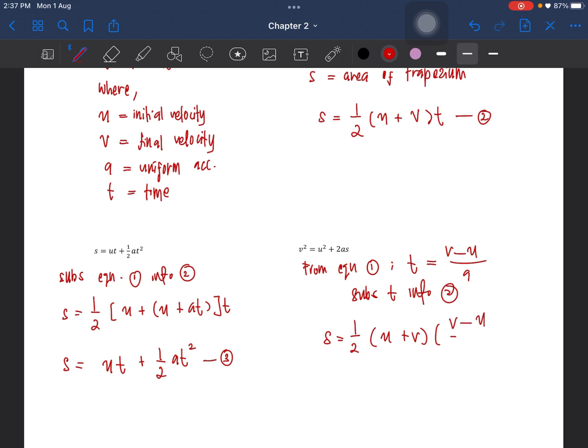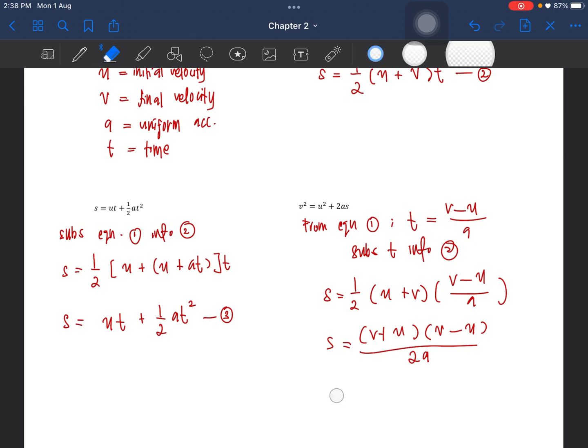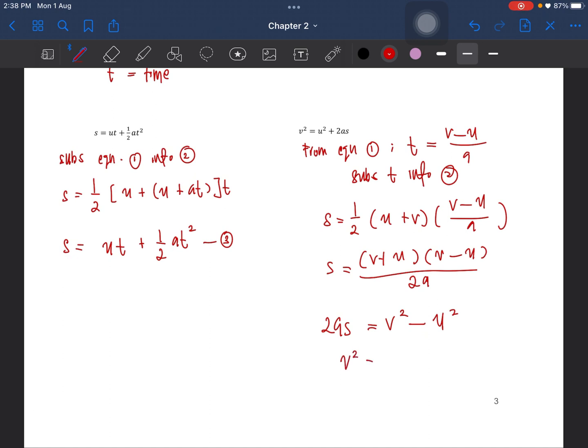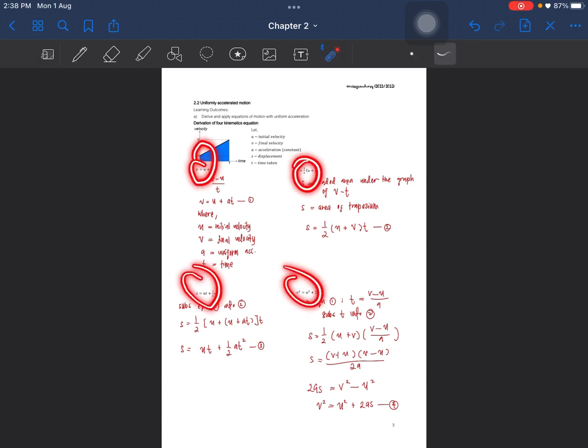With t equal to (v minus u) over a, rearrange this and you will get (v plus u)(v minus u) divided by 2a. From here you get 2as equals v squared minus u squared. Rearrange that, and you will get v squared equal to u squared plus 2as. That is your fourth equation, and that is how you derive these equations.